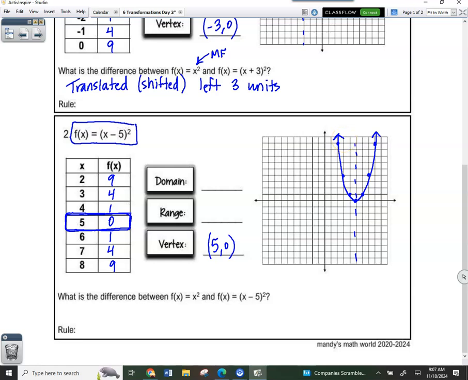All right. What's the domain? It is all real numbers, negative infinity to positive infinity. What's the range? 0 to infinity. Bracket on the 0. Even though it's shifted right, it's still starting at 0. Are you with me? Yes.